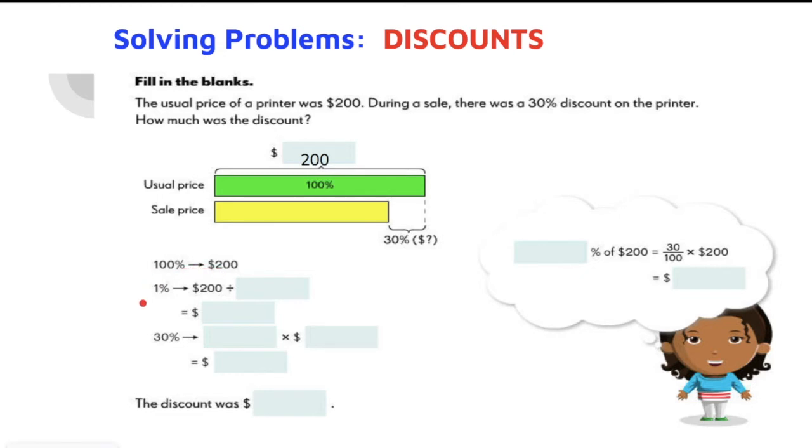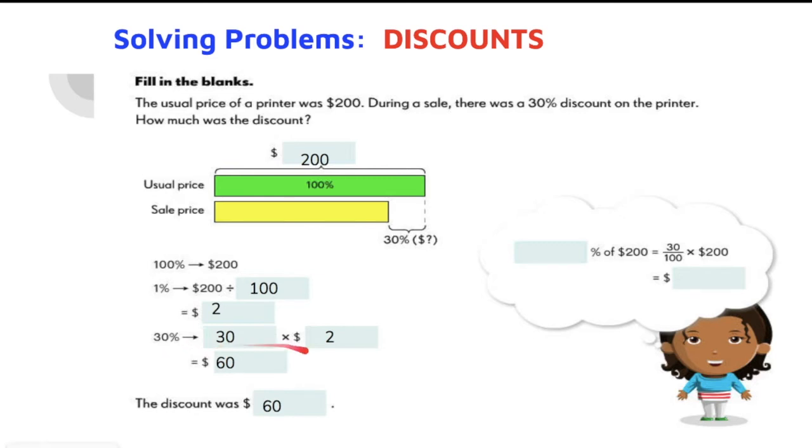And then let's get 1 unit of that, or 1%. So $200 divided by 100 will give us $2. And to simply get 30% of the amount, we just need to multiply 30 times $2, and the answer is $60. So therefore, the discount for the printer was $60.